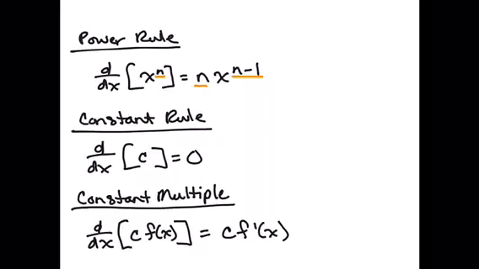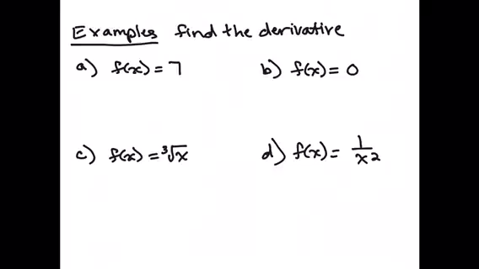If we take the derivative of a constant, we get 0. And if we take the derivative of a constant times some function f of x, we get the constant times the derivative of the function of x. So let's do some examples.